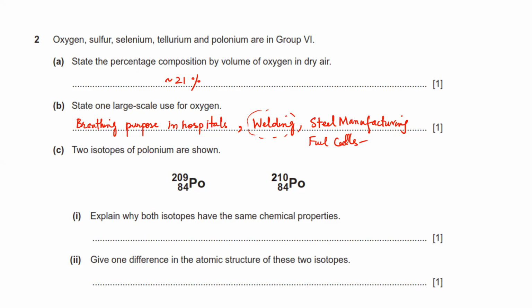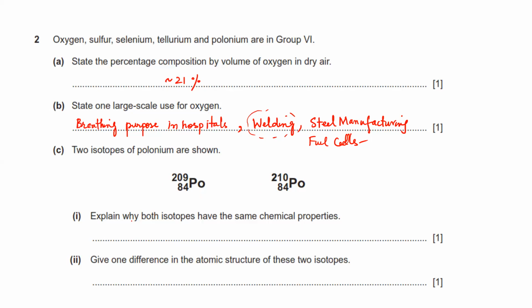Then part C, it says two isotopes of polonium are shown. Explain why both isotopes have the same chemical properties. So remember, chemical properties are primarily dependent on the number of electrons in the valence shell. So both of these isotopes will have the same number of electrons in their valence shell.